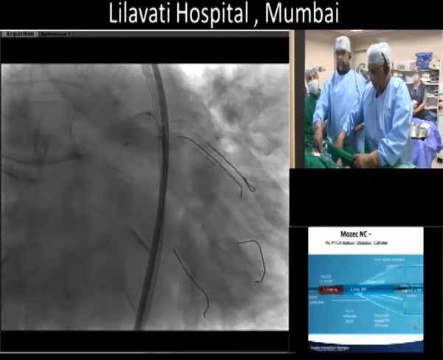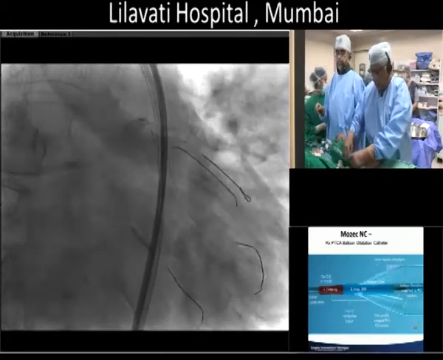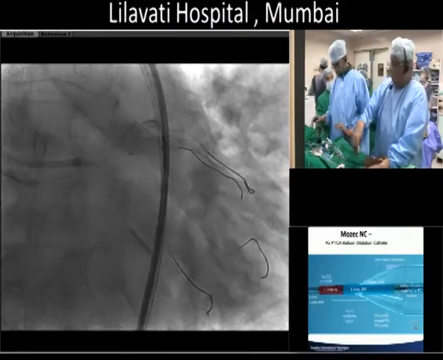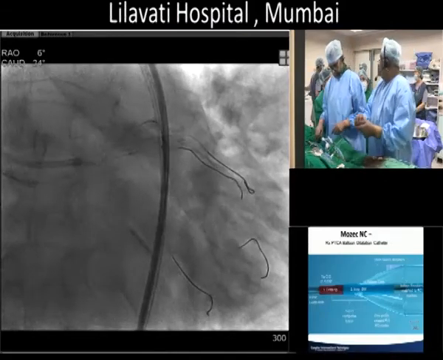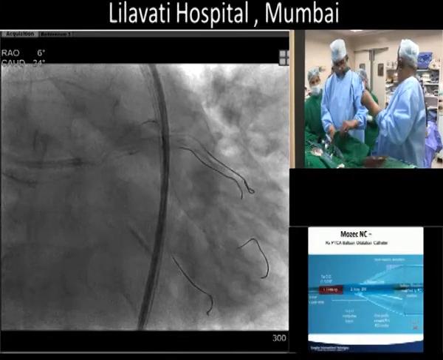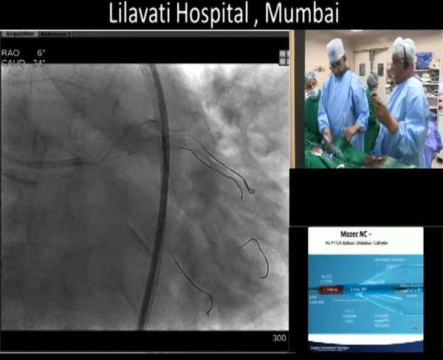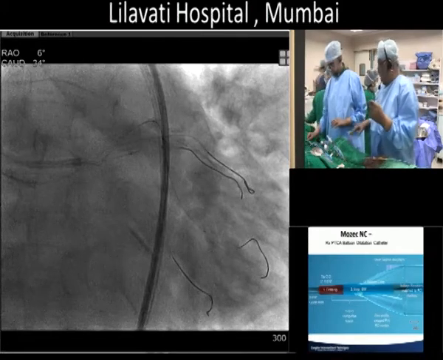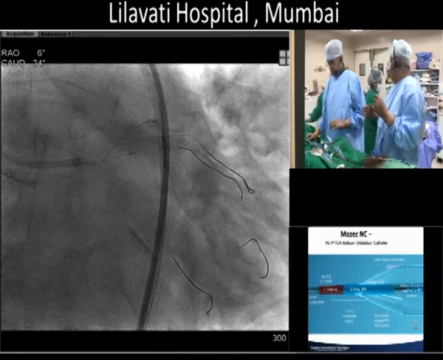Okay. Give me the stent, please. I need a 3 mm post-dilatation balloon, what we had taken earlier. Give me one more inflator.